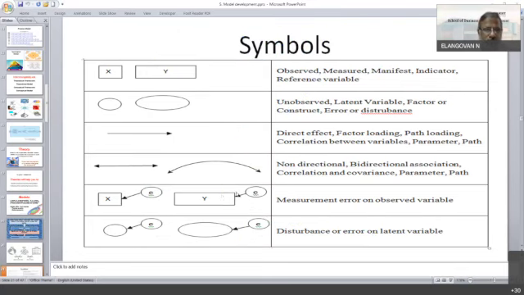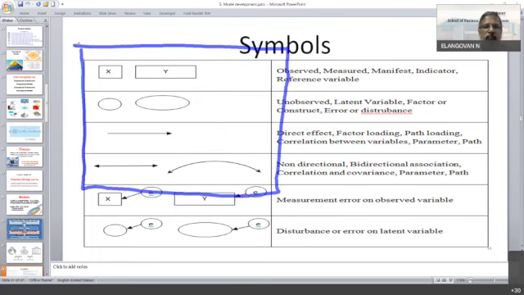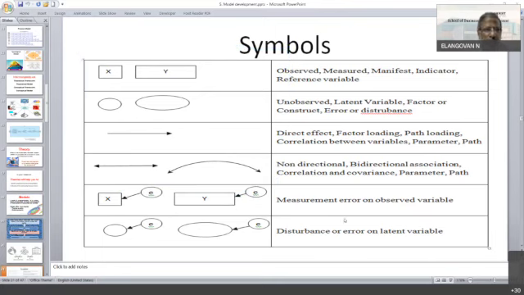But for understanding, please know that a measurement has an error, and also the latent calculation has some error. These two things we will be using in the software. But for our understanding, we will use these four symbols for representing your model, let it be a theoretical model or a conceptual model. Use these symbols for making the model.